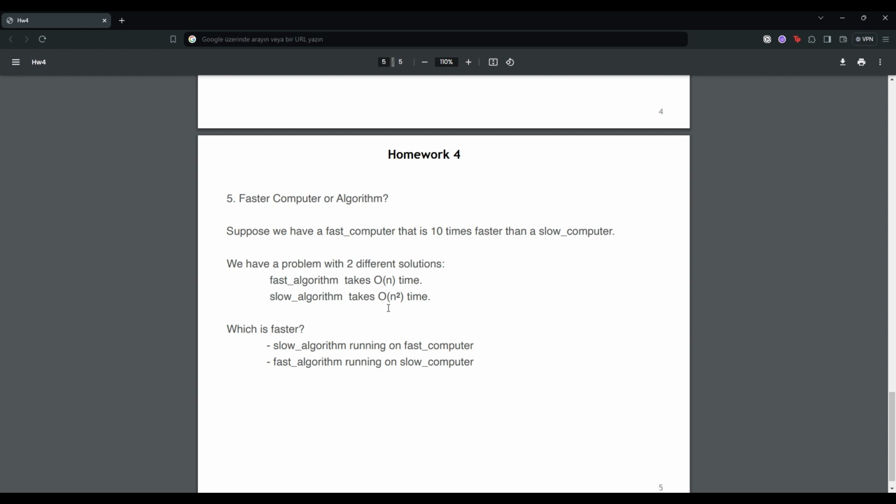The fast algorithm on the slow computer, on the other hand, has a time complexity of O(n) times 10, since the computer is 10 times slower. Simplifying it, it just remains O(n).